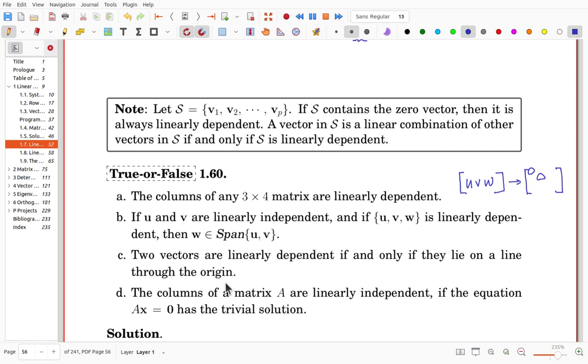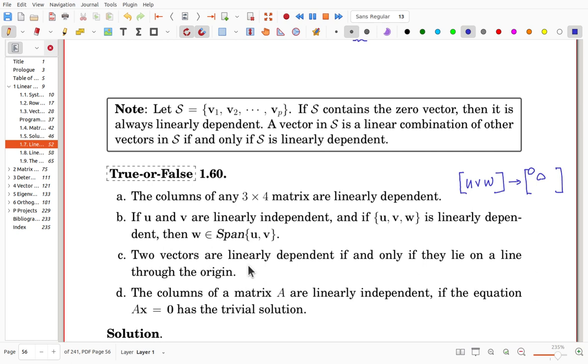Yeah, it is true. Here, two vectors can be arbitrary, so at least one of them can be zero, or both are non-zero, or they are on the same line. However, in any case, they lie on a line through the origin if they are linearly dependent.